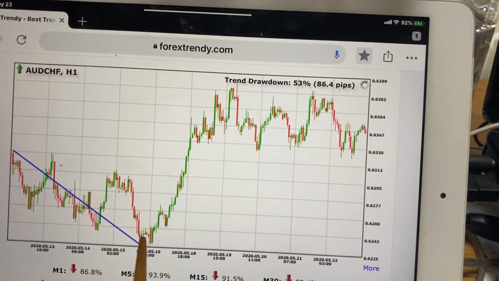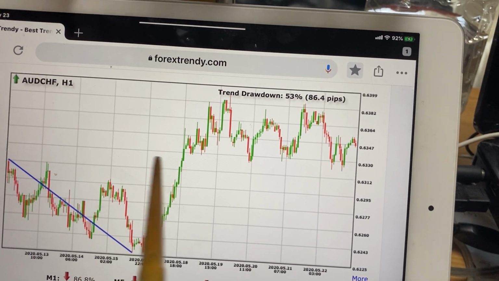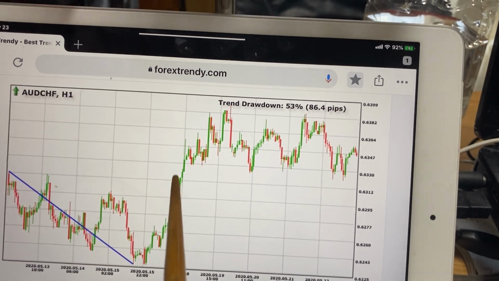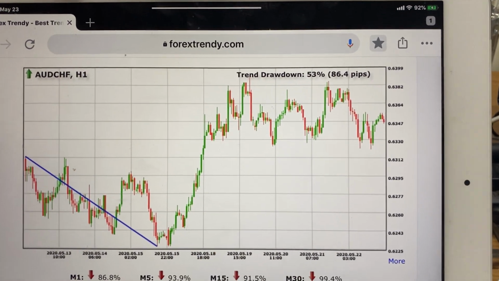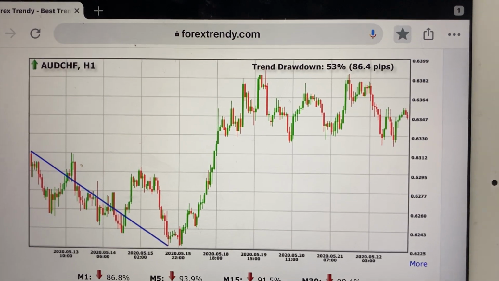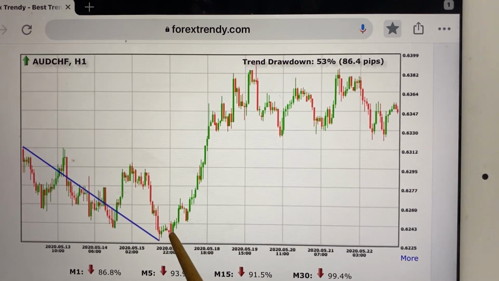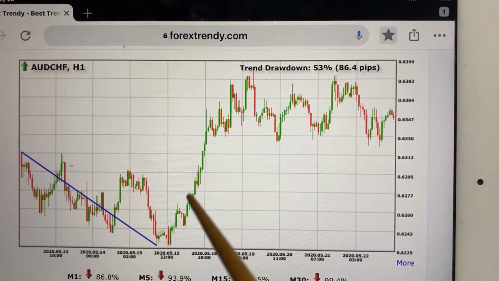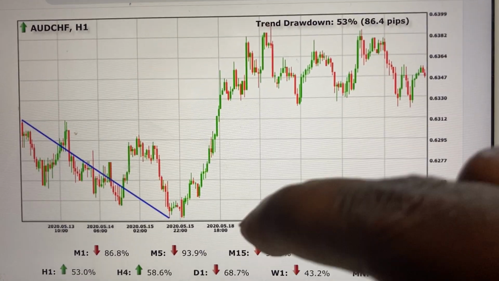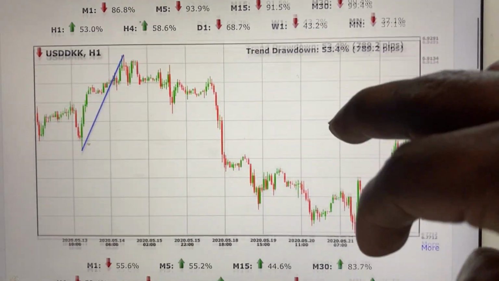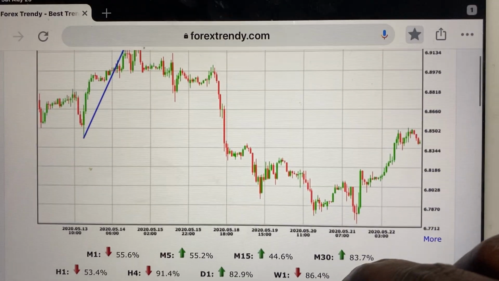Which means if we're going 300 pips up, I have the ability to take 20 pips, 50 pips, 70 pips, or whatever I want and get out. And all these moves will happen within 1 day or 2 days. So it gives you a lot of advantage in the market.